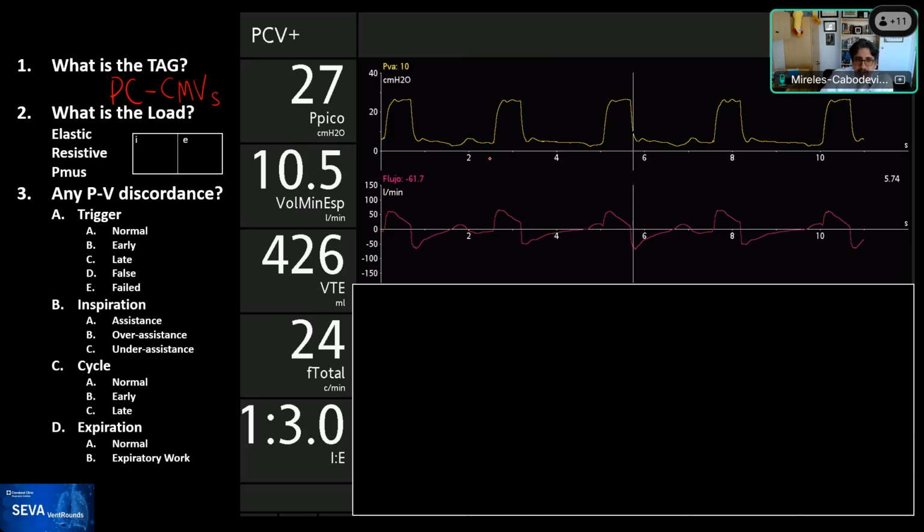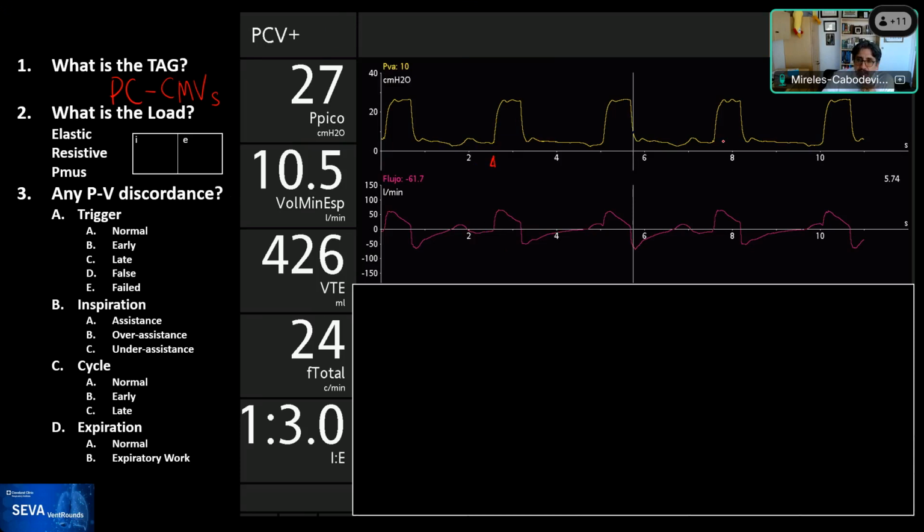And it does that by placing a little triangle or a signal, or sometimes it changes the color of the waveform. Sometimes it puts in a corner an S or an A, depending on what ventilator you have. But the ventilator would alert you that this is a patient-triggered breath. And in this particular ventilator, we would want to see a little triangle that looks something like this, and it will be the color of what you're using.